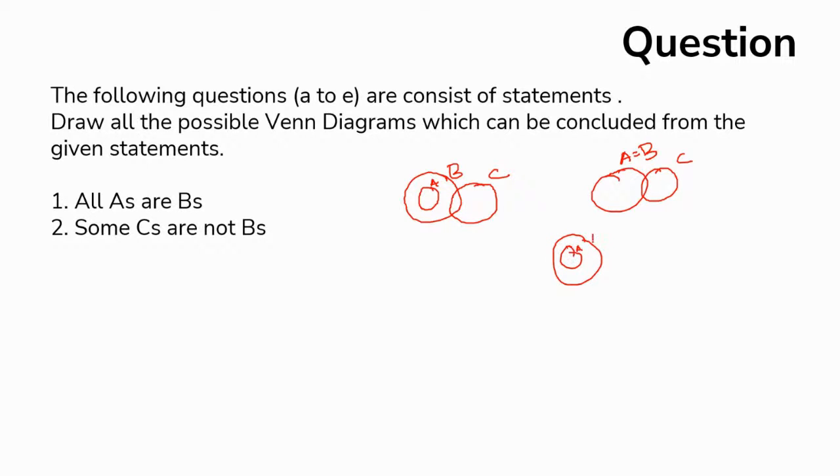Or some A's are B's, and some C's are not B's, so it will be the outer area. So that is also possible. So these were all the possible diagrams when you go for Venn diagrams.